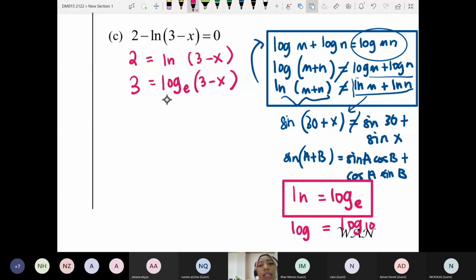So sekarang ni bila you dah tahu dia adalah base E, barulah you boleh buat log tukar kepada index. Jika base dalam log tukar kepada index, dia akan jadi base kepada indeksnya lah. E bawa sebelah besar. 3 akan jadi power. So you want X. So this is negative X. You bawa sini, X jadi positif. So 3 minus E 3. Okay. So this is your answer.